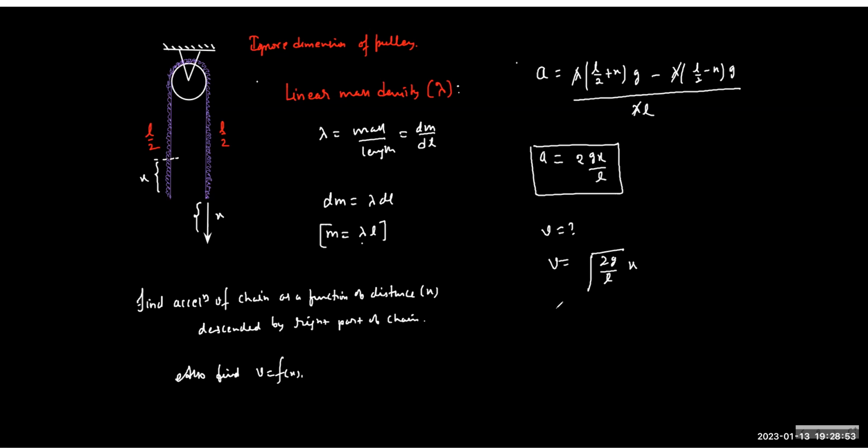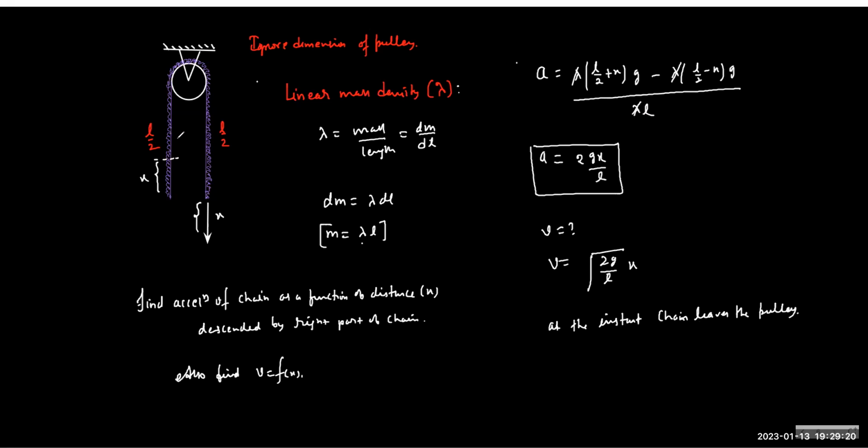So when the entire chain will fall, I mean, when all of the left chain will, or you can say, when the chain will leave the pulley, at the instant the chain leaves the pulley.